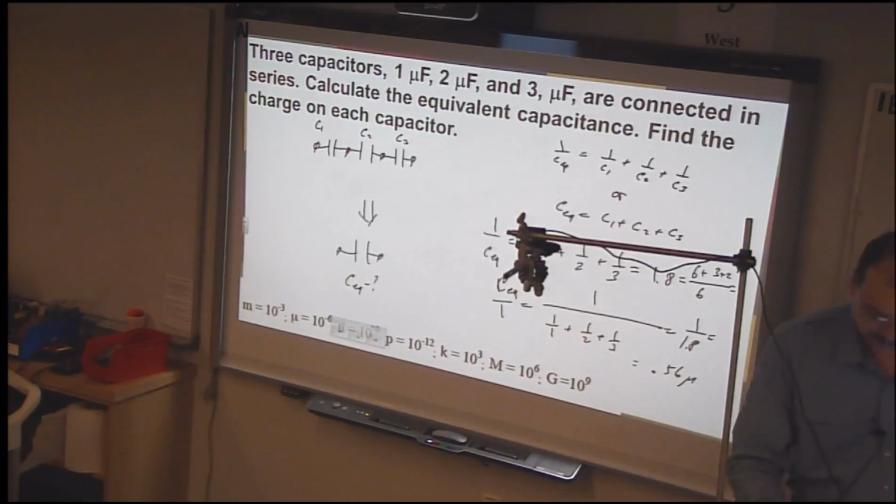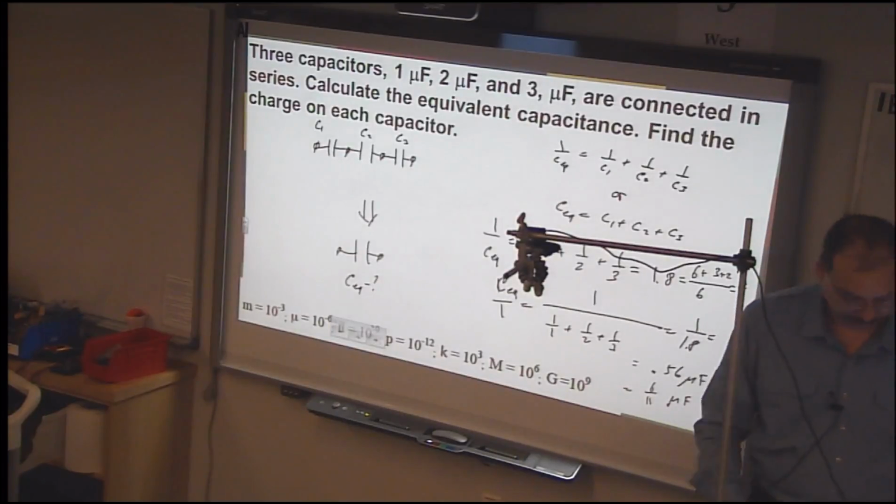So that gives us 11 over 6 in inverse microfarads, or 6 over 11 microfarads, whichever you prefer. Any questions?